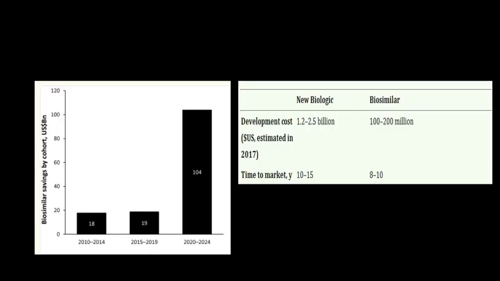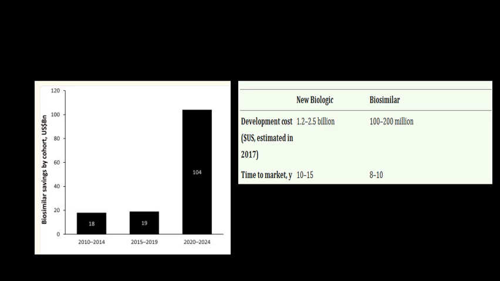And if you see, this is showing how cost effective the development of biosimilar can be. For development of a new biologic, it costs around 1.2 to 2.5 billion US dollars. Whereas for biosimilars, it is around 100 to 200 million, which is substantially low when compared to developing a new biologic altogether.